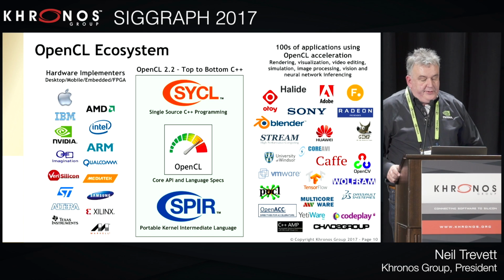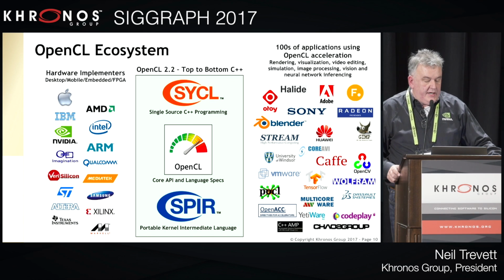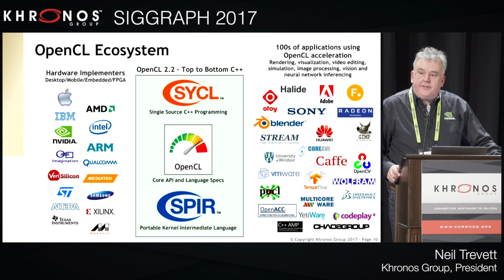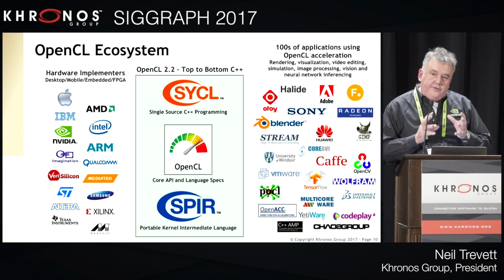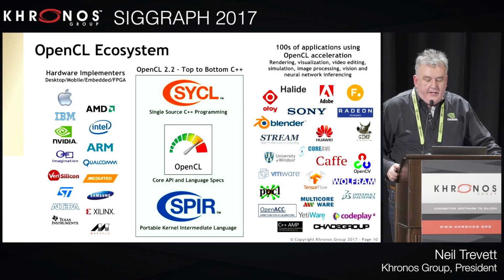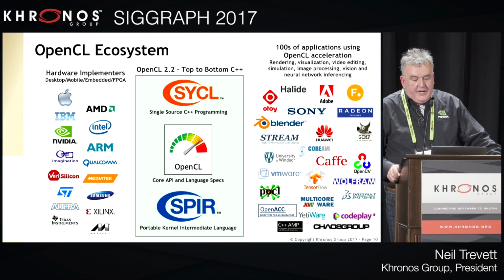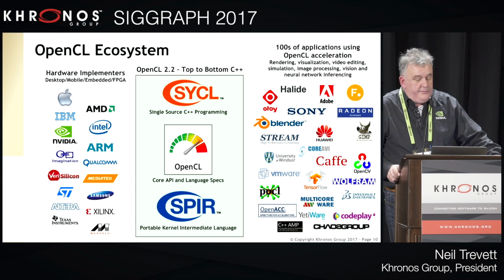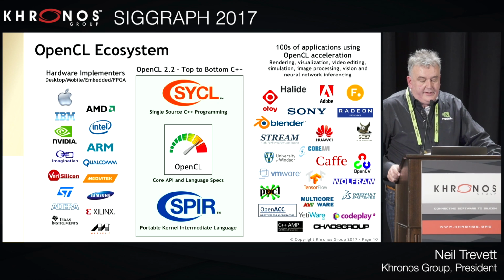So the OpenCL ecosystem: we have lots of hardware shipping, desktop and mobile, and increasingly embedded. And a lot of the applications that ship, mainly on desktop right now. I think that desktop is the hot spot for OpenCL deployment. We have Adobe Photoshop, whose GPU acceleration is based on OpenCL.